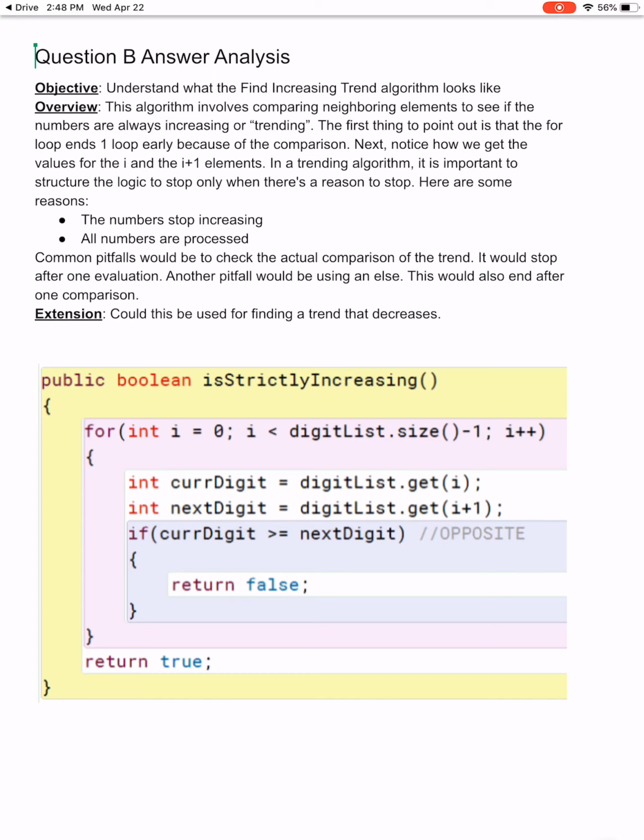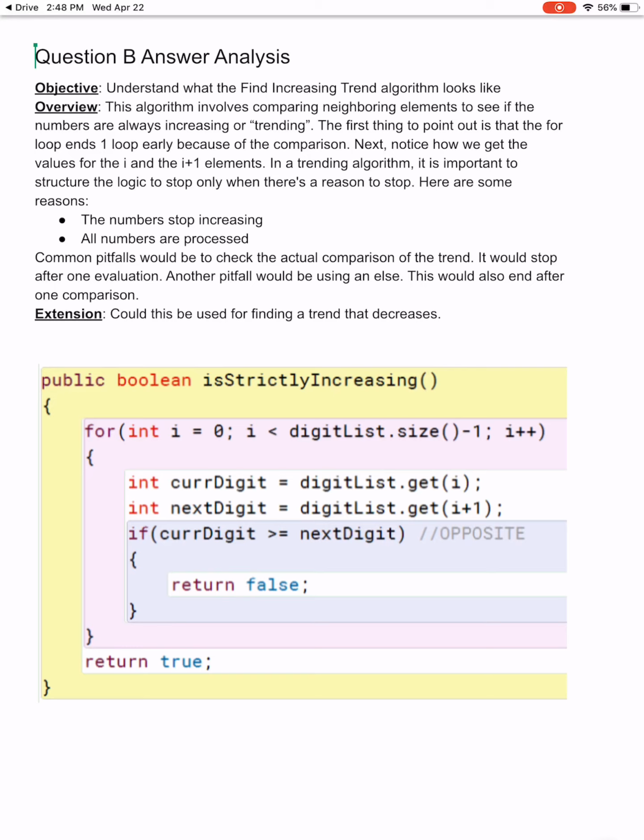Very important to understand, though, that it's the digitList.get(i), not just the value i, which is 0 or 1. We've got to be able to extract the value from the list. So we're going to use digitList.get(i). And then we need to compare it to the next digit. The next digit is going to be i plus 1. So notice how it's digitList.get(i + 1).